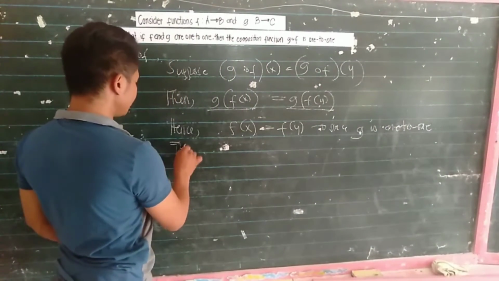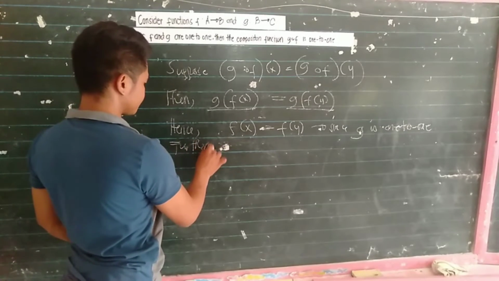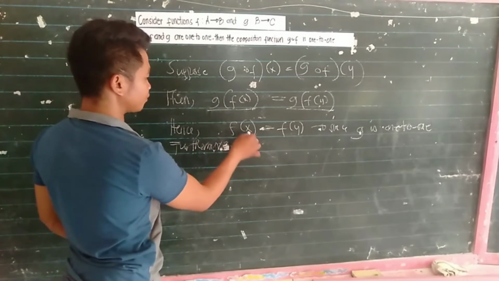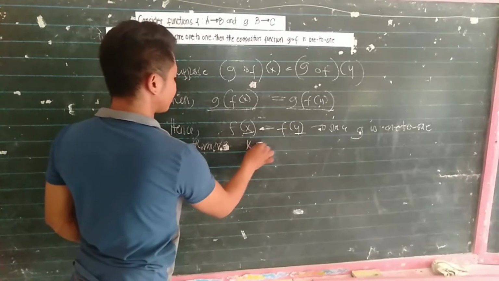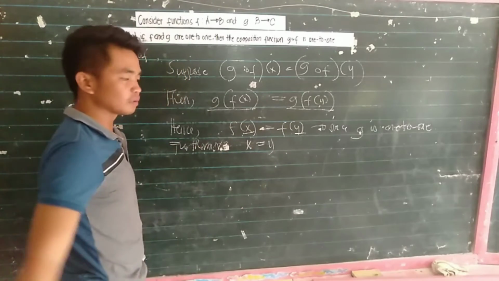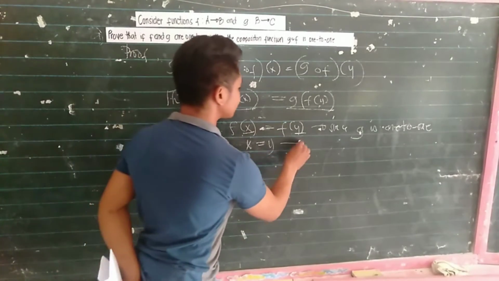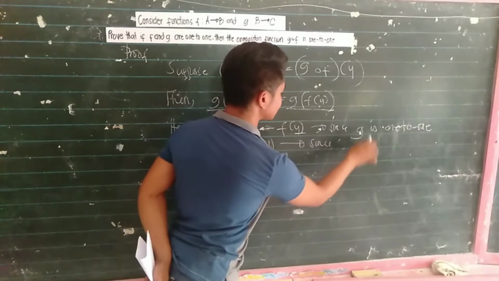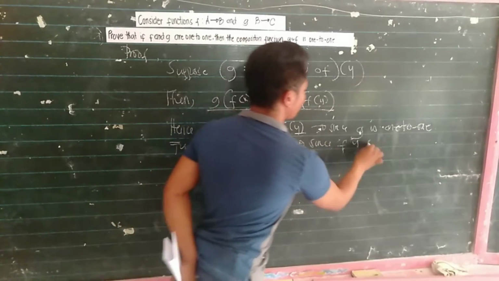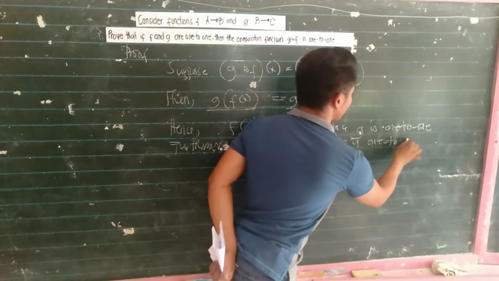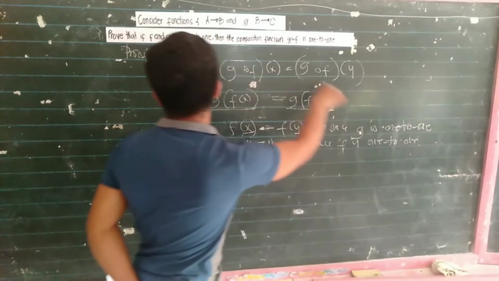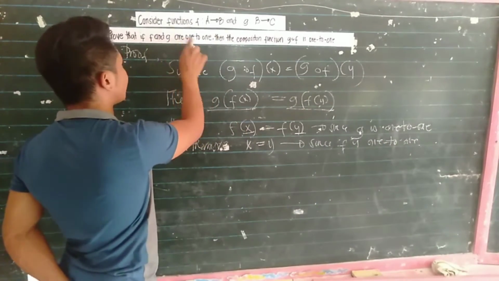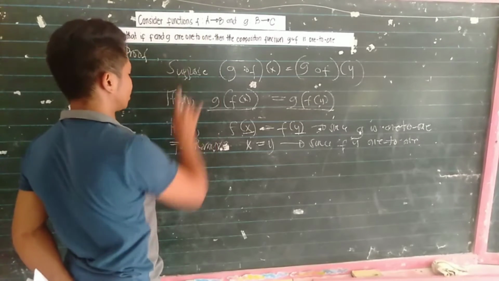So furthermore, we have x and y equal, since f is one-to-one. Why is it one-to-one? Because it is given that f and g are one-to-one functions.